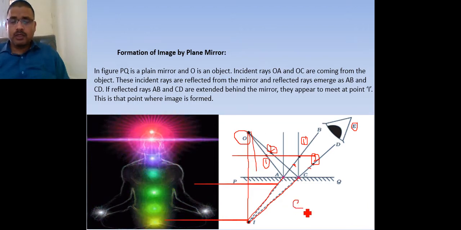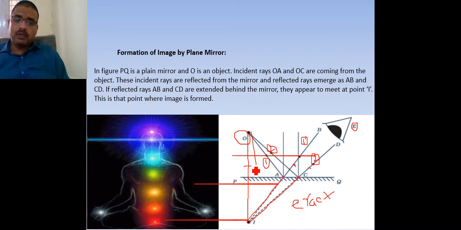That means the image we get from the plane mirror is an erect image, and this erect image is an imaginary image formed in the plane mirror, and the size of this image is equal to the size of the object.